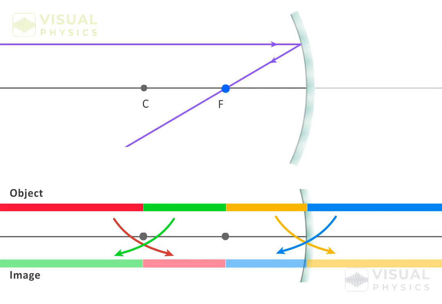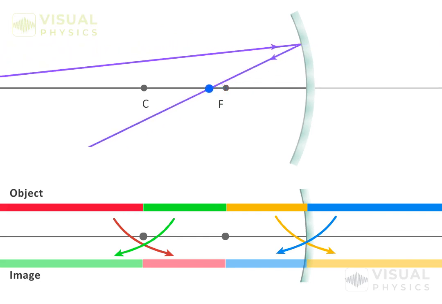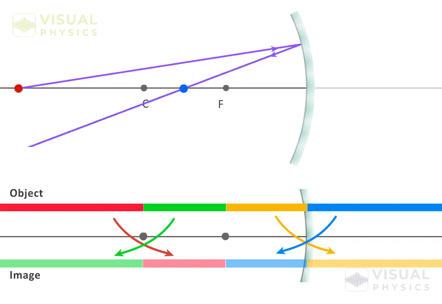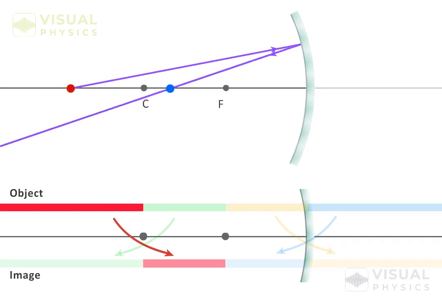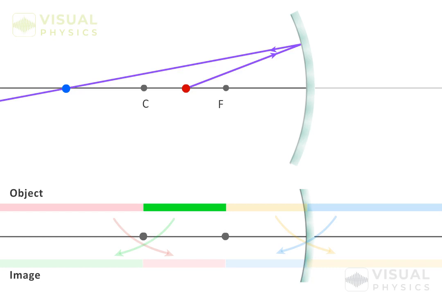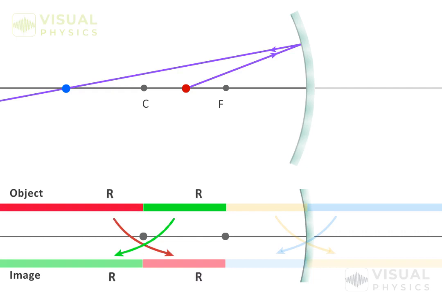To summarize, when the object is in this region, image is in this region. And when the object is in this region, image is in this region. Here both object and image are real.